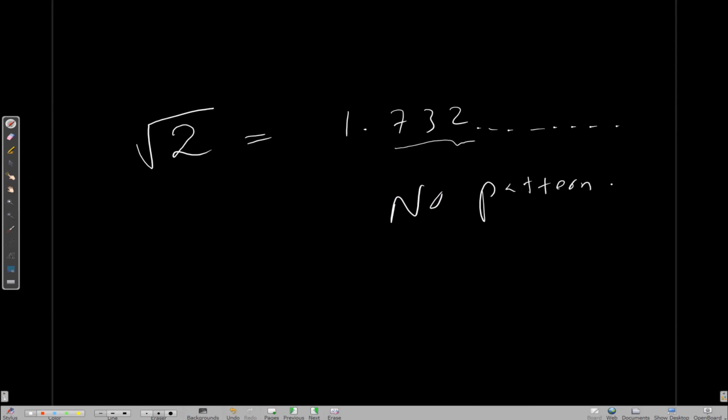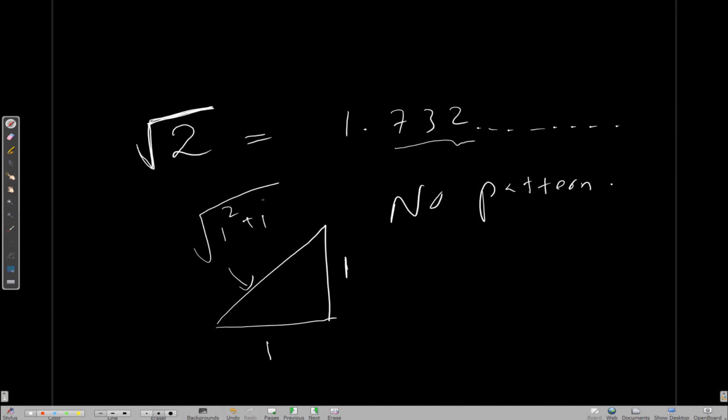So irrational numbers, a number like this exists, right? For example, in a right angle triangle, if this side is 1, this side is 1, by the Pythagorean theorem, the length of this side is the square root of 2. There is a number like that. But when you try to write the decimal form of it, you get a set of numbers with no pattern, but it keeps going on.